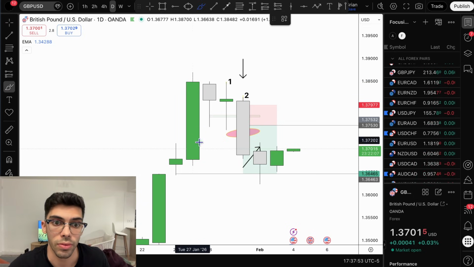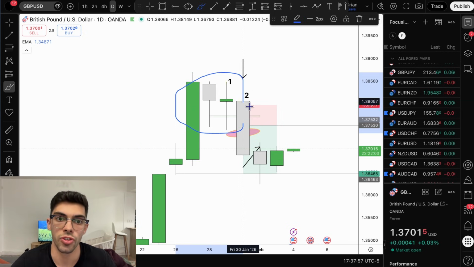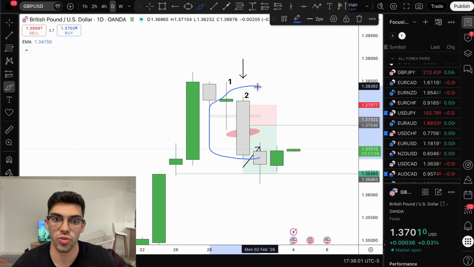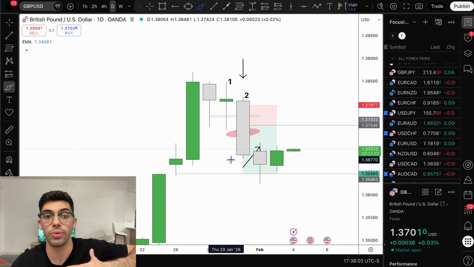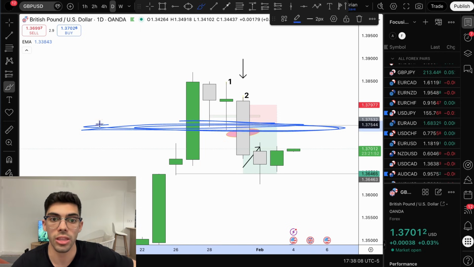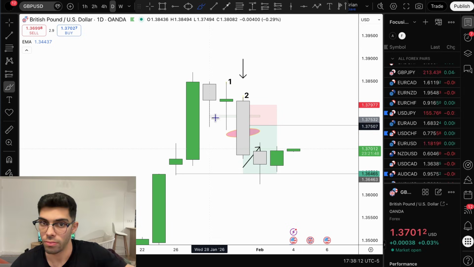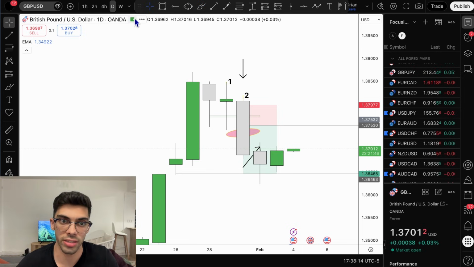What do we have? The market attempted to go higher. It stopped going higher. 2 indecision candles. And then 1 strong bearish candle, which is the one that we were trading as it was starting to trade below the 2 indecision candle lows. Pretty good price action on the daily time frame.